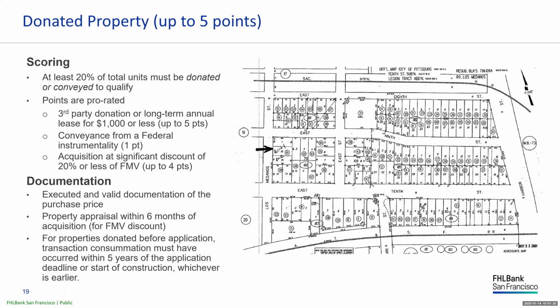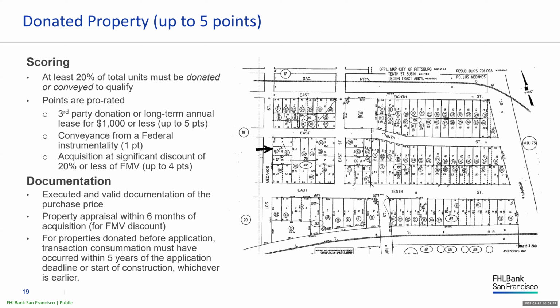The third way to get points is if land was acquired from an unrelated third party at a significant discount to fair market value. So, for example, if you have a property with a fair market value of $1 million and your purchase price was $200,000 or 20% of the fair market value, you'll receive 1 point. If the purchase price is $150,000 or 15% of the fair market value, you receive 2 points.